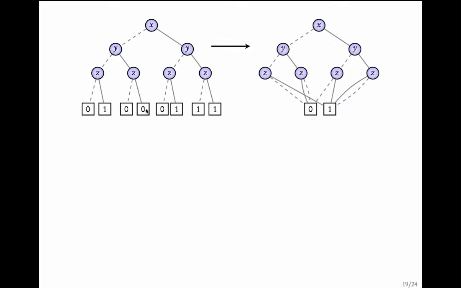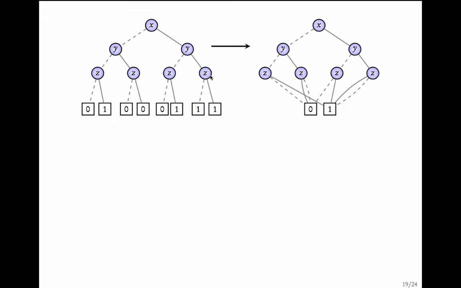Look at this, both of them go to 0. So both its edges go to 0. Here the dashed edge goes to 0 and the thick edge, so the dashed edge represents the decision point that z is assigned 0. It goes to 0 and this thick edge goes to 1.